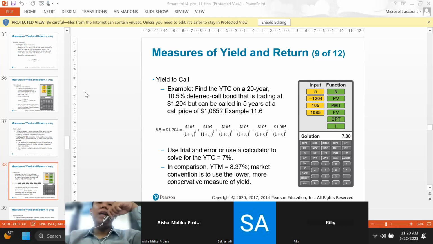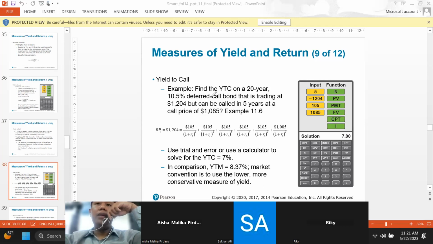So they will pay the face value before its maturity. This feature is called a callable bond or callable feature. So how do we calculate the bond when it has the callable feature?